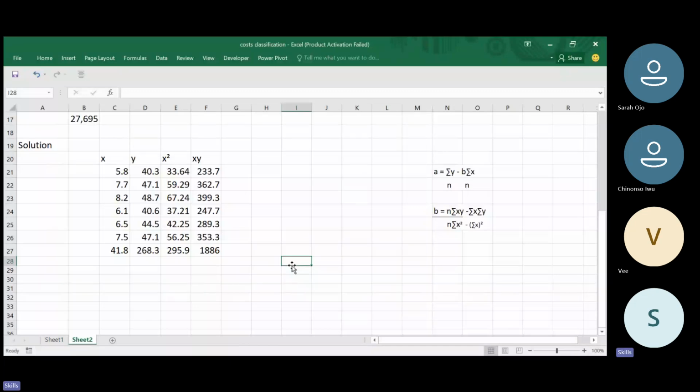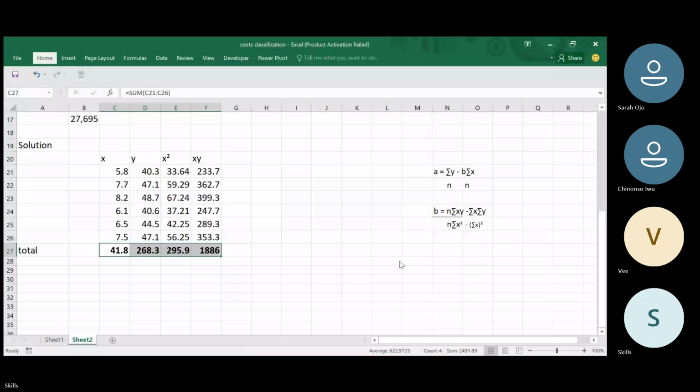So this is it. Let me differentiate them. This is total. Let me bold this one so you know that this is total.